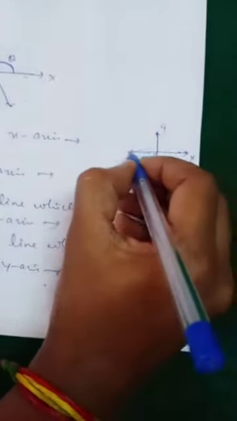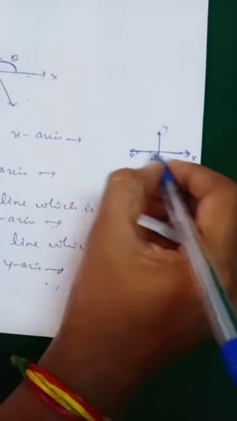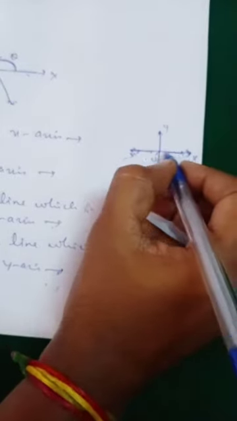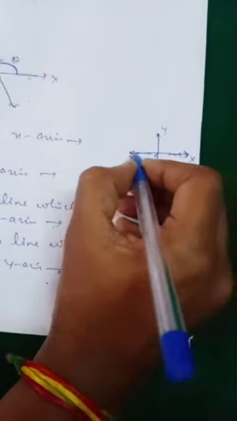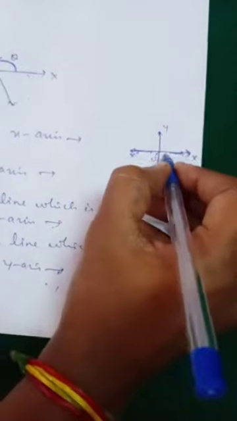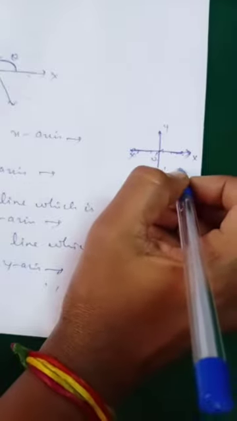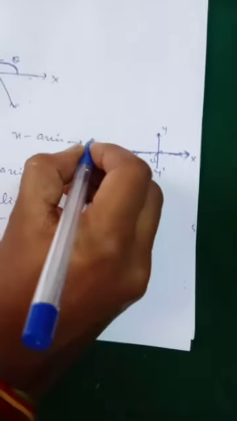What is the angle made by x-axis with x-axis? This is x and x dash. This is the x-axis already, so along with the x-axis, what is the angle made by x-axis? That is 0 here. So the inclination of x-axis is 0 degree.